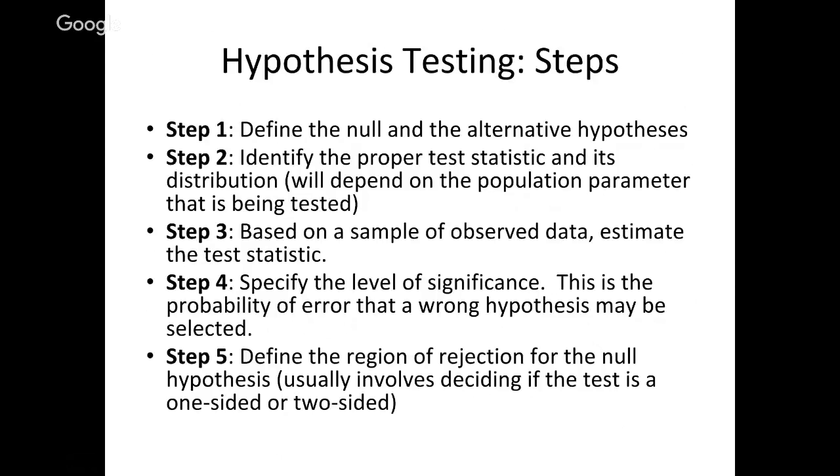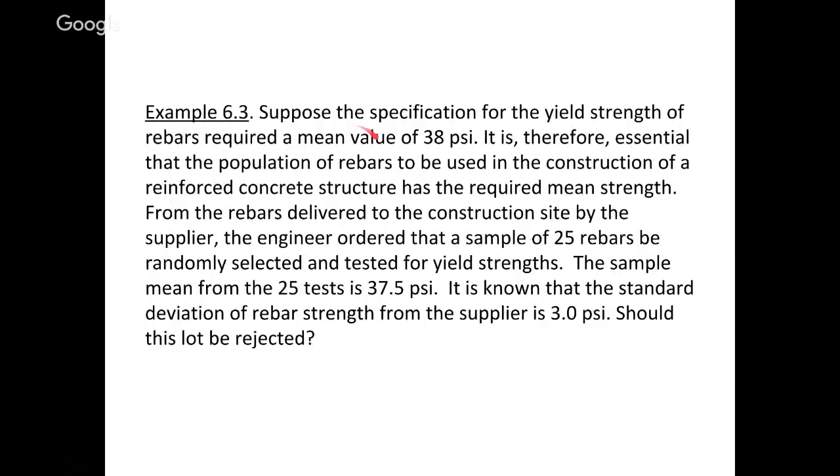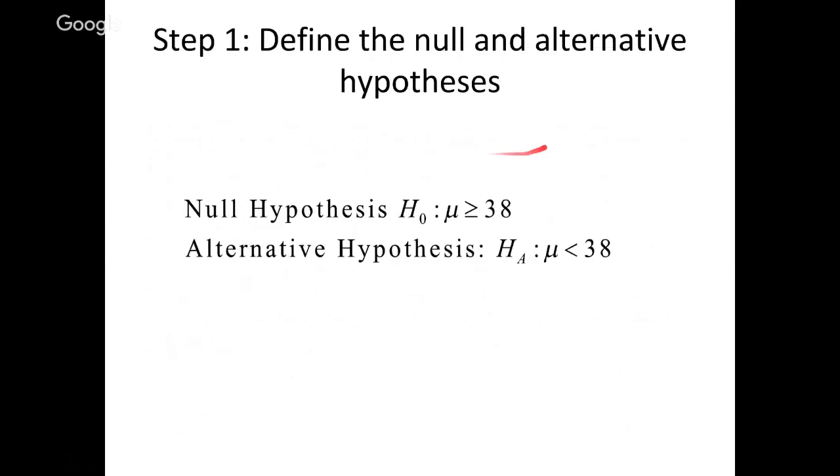If you come back to the problem statement, it said that the yield strength of rebars required a mean value of 38 psi. But the point is, if the rebars were stronger than 38 psi, we'd have no problem with that. That'd be perfectly fine. The only thing we do not want is that the rebars have a strength of less than 38 psi. So our null hypothesis is going to be that the rebar strength is greater than or equal to 38. So that would be a case where we would not reject the lot.